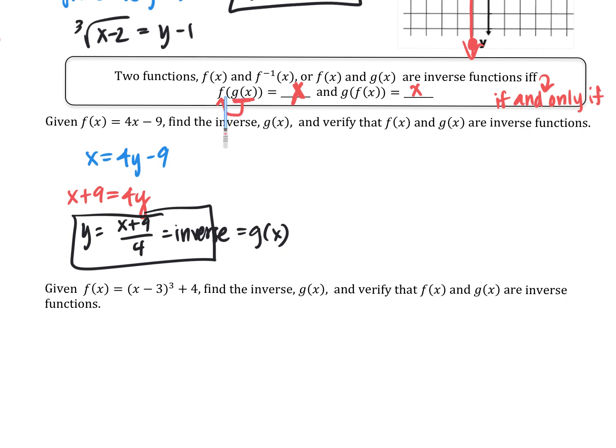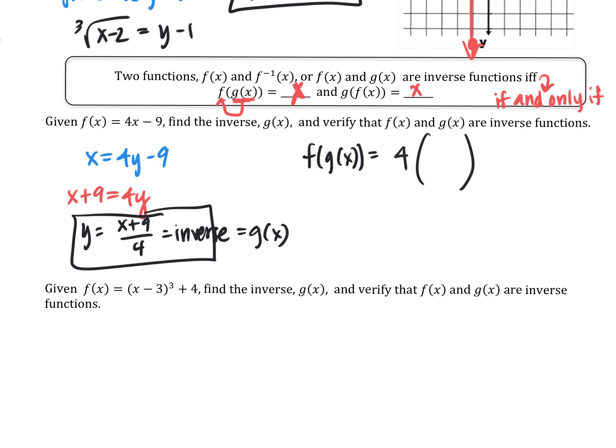So, how do I do f of g? All that's saying is go take g, your inverse, and plug it into f. We've got to take g right here, x plus 9 over 4, and plug it into f where there is a variable. So f of g of x is going to look like what? It's going to start with a 4.